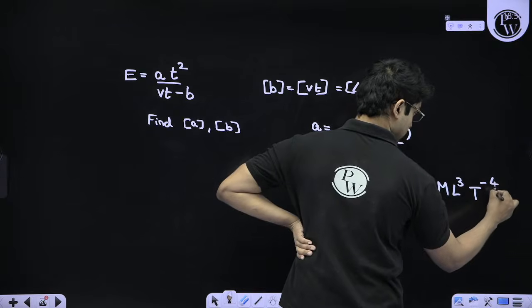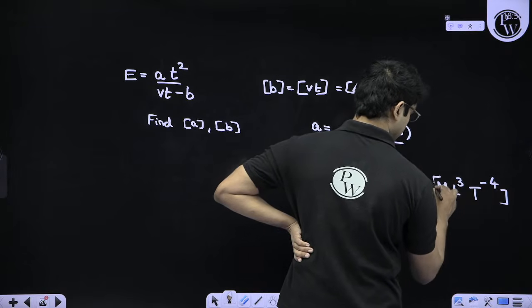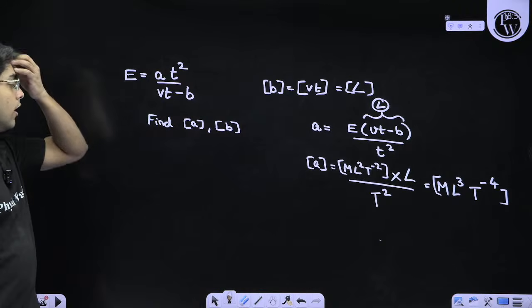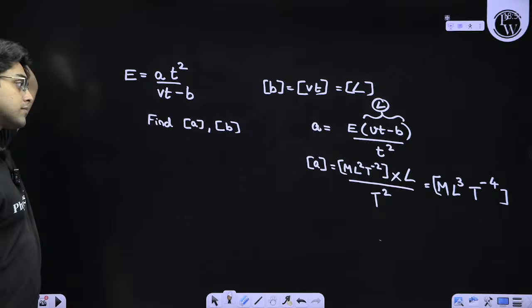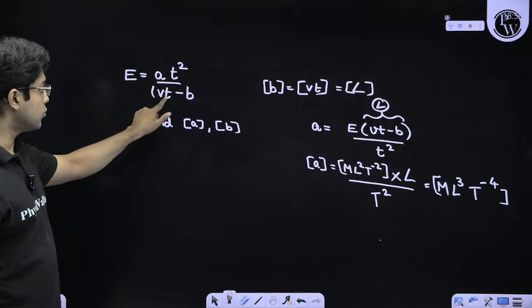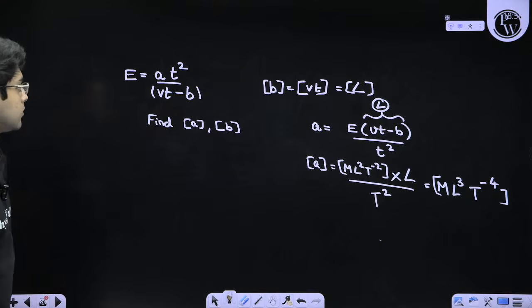This is the dimension of A. These types of questions are asked in your NEET exam, so these are important. The first hint is if two things are being added or subtracted, their dimension is the same.